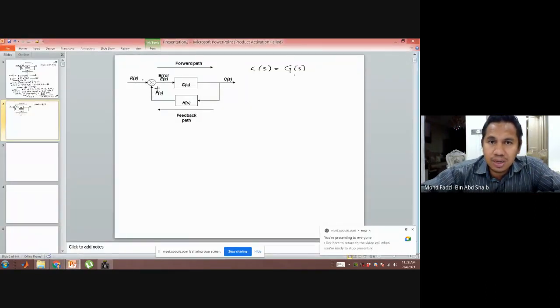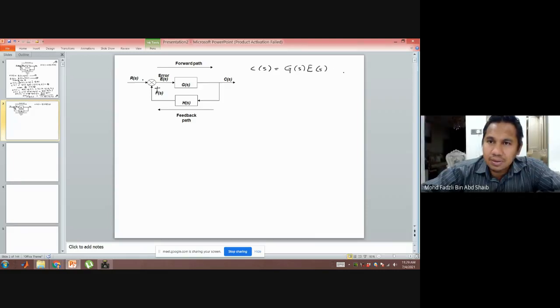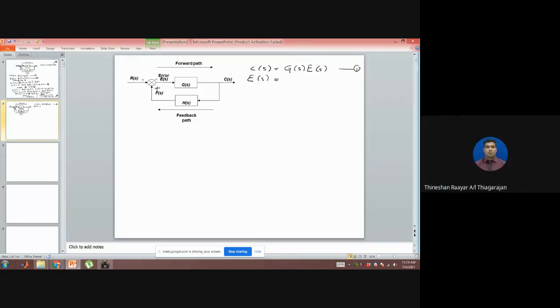CS equals GS times ES, right? This is equation 1. Then ES equals what? ES equals RS plus FS.